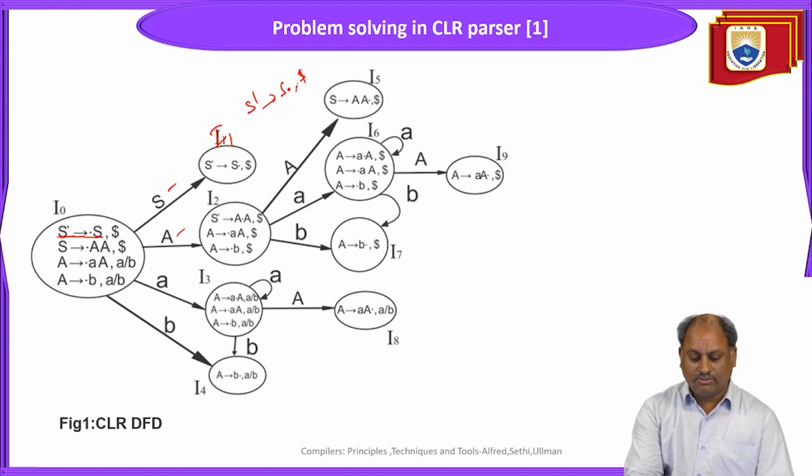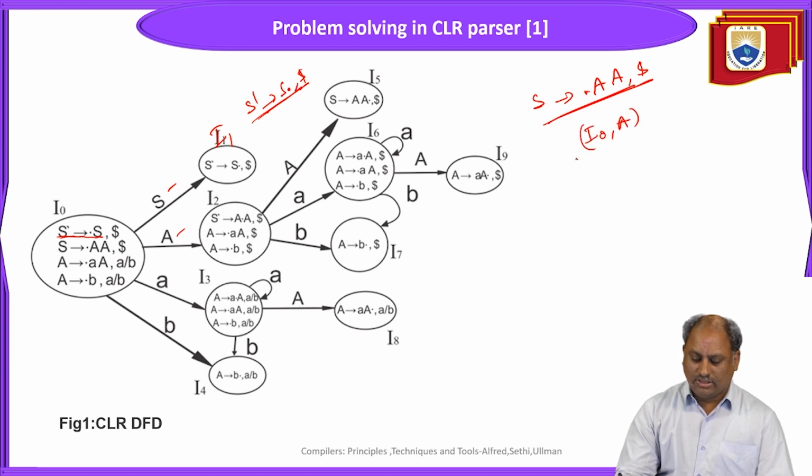This is the end of the production, which reached I1. The next production to be considered is S derives dot AA. If you perform closure I0 comma A, this results in a new state, that is S derives A dot A, comma dollar.